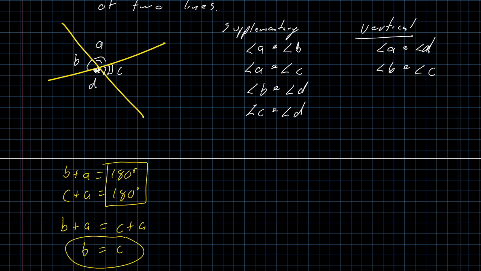I know absolutely nothing about angles B and C except that they are vertical angles in a picture of two intersecting lines. And without too much work, I find it is forced that they have equal measure.